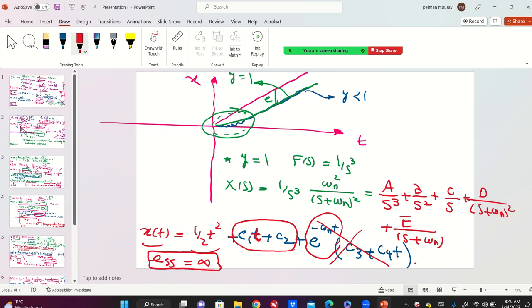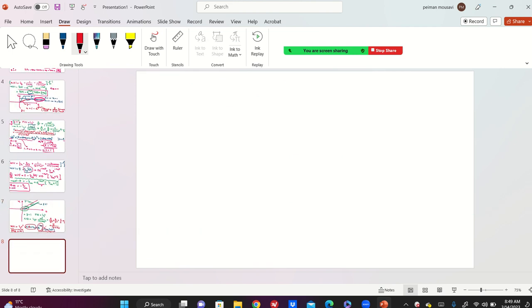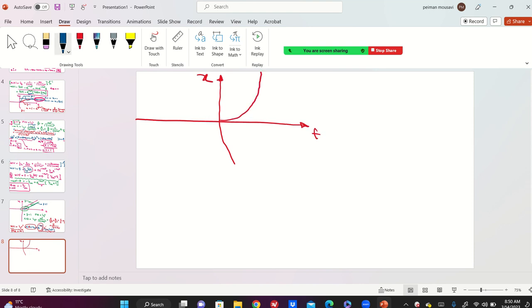Okay, finally. Here, there is no harmonic term. So if I go to the next page and plot this, x over t, this is the input of the system, parabolic.